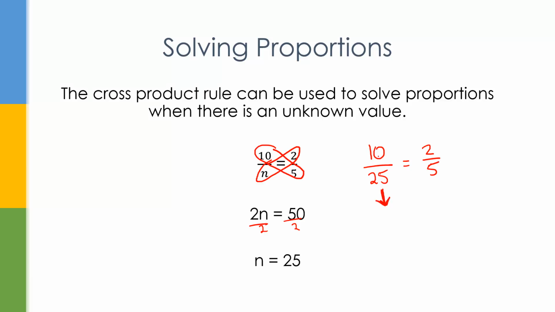And it does, because 10 divided by 5 is 2, and 25 divided by 5 is 5. And those two are the same. So this means that n, it being 25, is our best solution. That is correct, because our goal is to make a proportional relationship. And by using 25, that does create a proportional relationship.